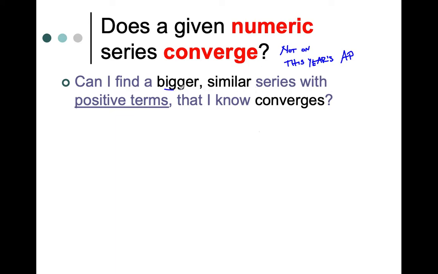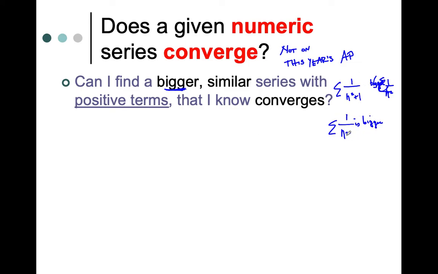But if you can find a bigger similar series with positive terms, so for instance, we did this with improper integrals, but if you have, instead of 1 over n squared, you have 1 over n squared plus 1, you can compare that to 1 over n squared. 1 over n squared is bigger than 1 over n squared plus 1.